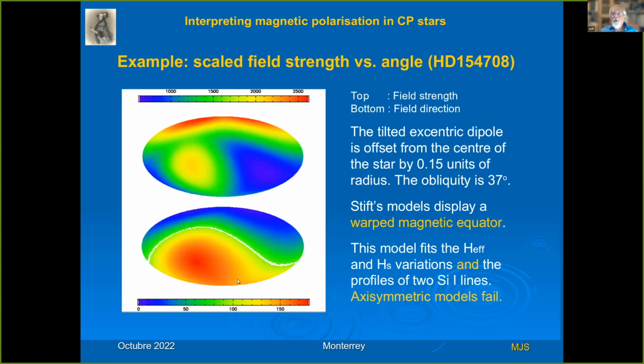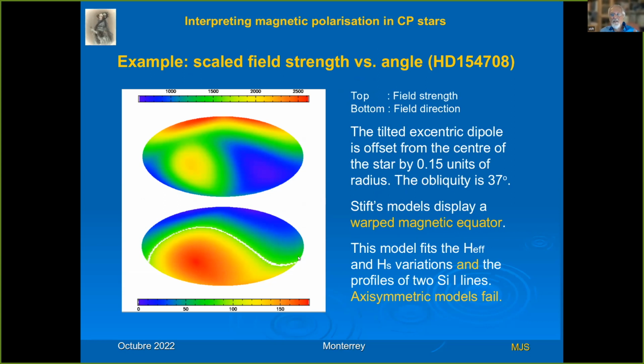For example, for the strong line field star HD 145708, the model that fits the variation in the effective field and the surface field and the profiles of two silicon lines looks like this. On the top, there's the field strength, and in the bottom, the field direction, and you see you get the warped magnetic equator.